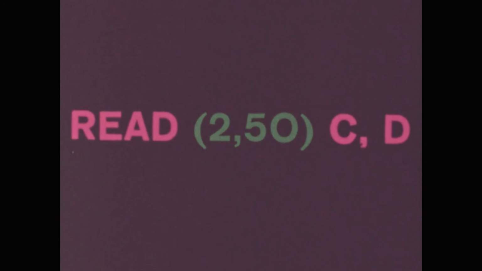This statement really says to the computer, read on one of the input devices, and a 2 would refer to a specific device. The 50 would reference a specification that would be used in conjunction with the information going into the computer's memory. I would be reading on a device, according to some specification, a specific value for a variable called C in this case, and a specific variable called D.